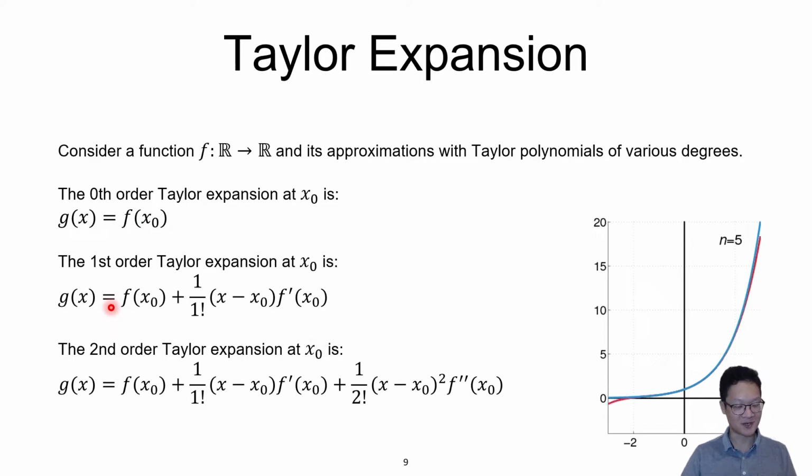For the first order approximation, we have to take the previous part and then add on this part. Right? Just want to quickly verify that if we take the derivative of the right hand side, we indeed get the derivative at x0. So basically, if you take a derivative, the variable is x, and if the variable is x, then this is a constant, so that goes to 0 when you take the derivative.